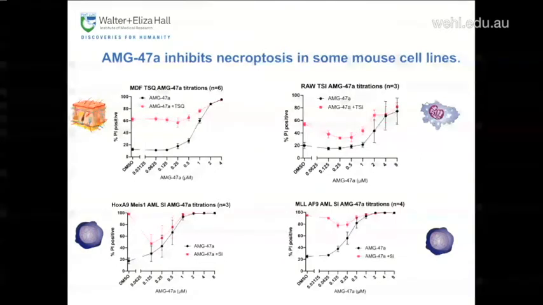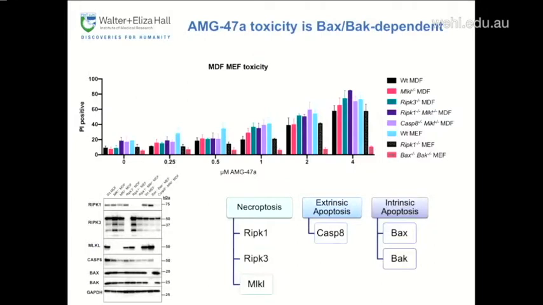But we also noticed that the mouse cell lines had quite high toxic responses to this kinase inhibitor. At the doses where we were seeing effects, there was also quite a bit of associated toxicity. So we looked across a panel of knockout cell lines that we have available from mice that are involved in necroptosis, extrinsic apoptosis and intrinsic apoptosis.